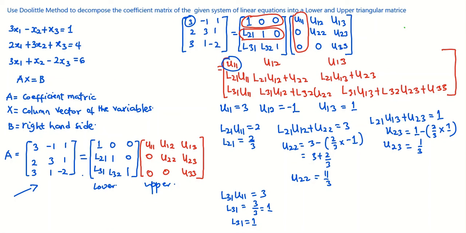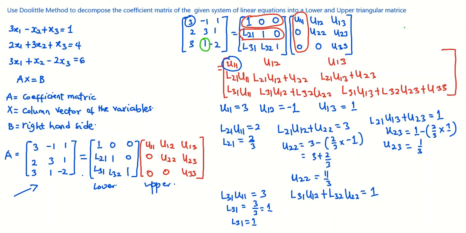So we have L31 multiplying u12 plus L32 multiplying u22, and this will be equal to 1, which is this one that I have here. Let's continue.